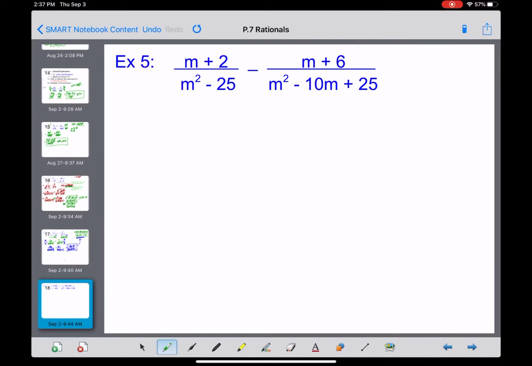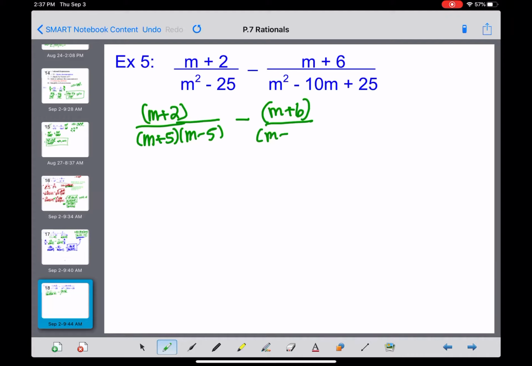So the first one is going to factor to m plus 5, m minus 5, minus, and then I have m plus 6 over, I'm going to go ahead and put that in parentheses so I don't forget about it. This is m minus 5, m minus 5. Those are both special product patterns.